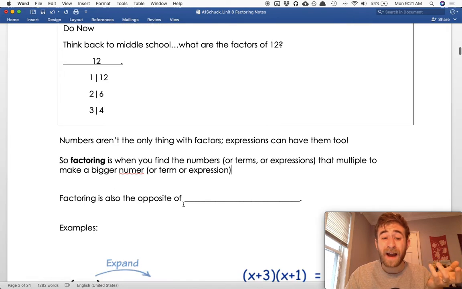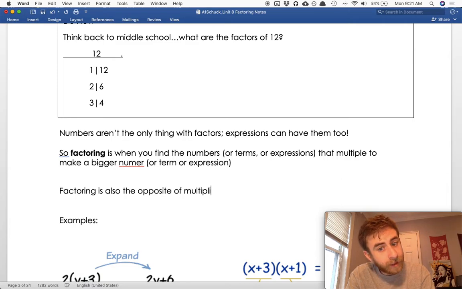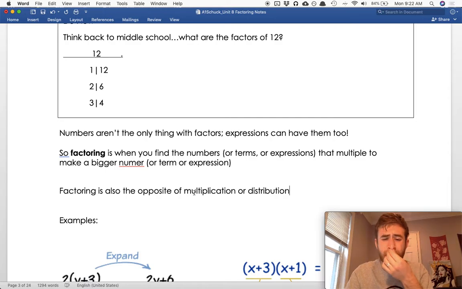And you can think of factoring as the opposite of multiplication or distribution, and we'll see what that means in the coming lessons when I say distribution.